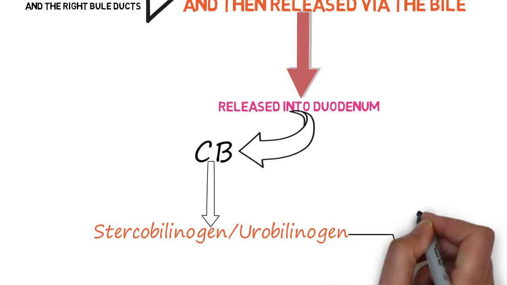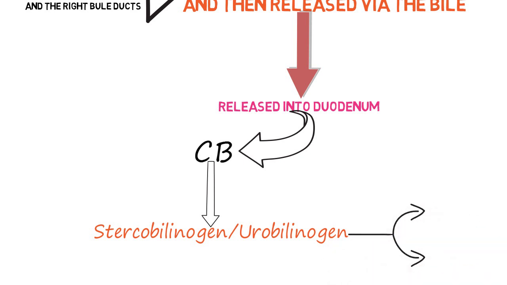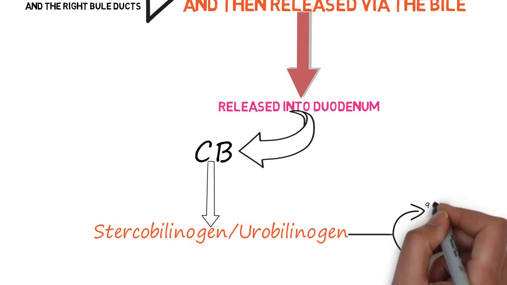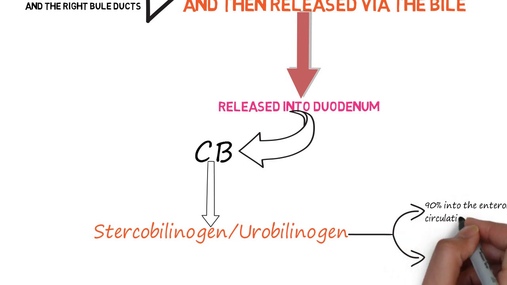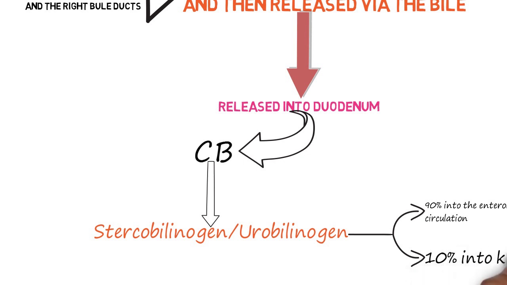Most of the stercobilinogen or urobilinogen is absorbed from the intestines, and of that absorbed part, 90% goes into what we call enterohepatic circulation, via which these pigments are transported back into the liver to be used for the production of bile acids, while 10% of this absorbed part goes into the kidneys and is filtered into the urine, providing the yellow color to the urine.